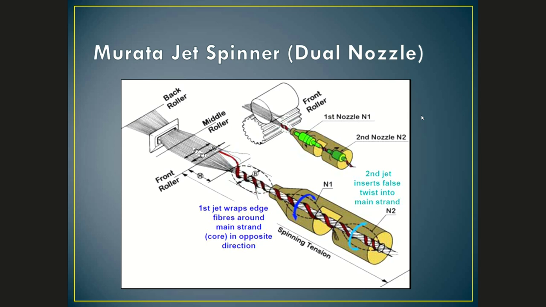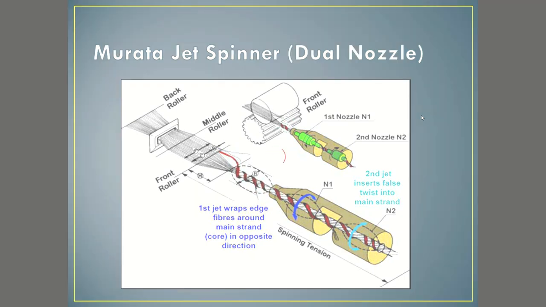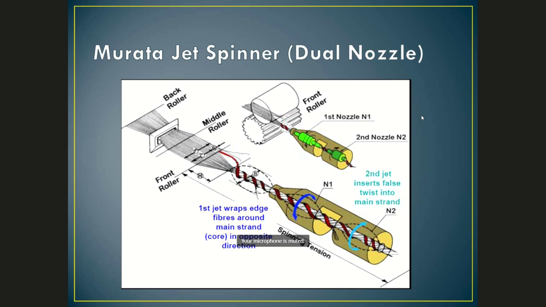Higher the twist coefficient, higher the strength. Yes, it is, but not all the time, because we have to see other structural characteristics. At this moment I have not talked about fiber migration, which is another important characteristic of the yarn. How fiber migration is taking place, that also we have to consider while explaining the yarn strength.